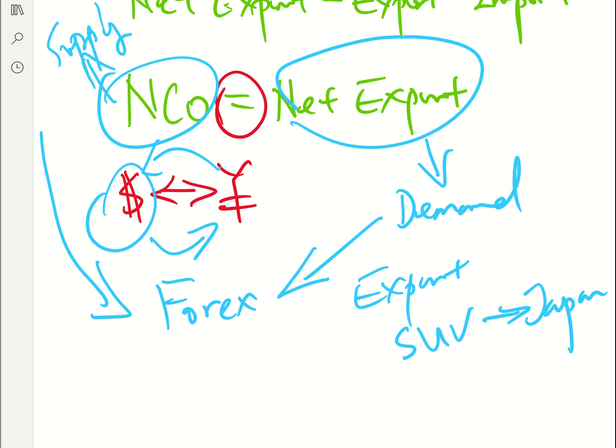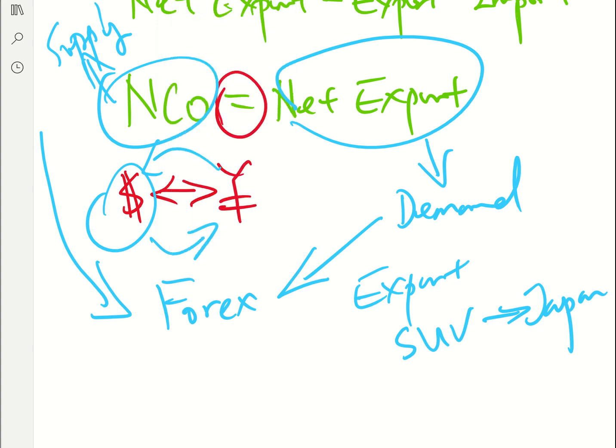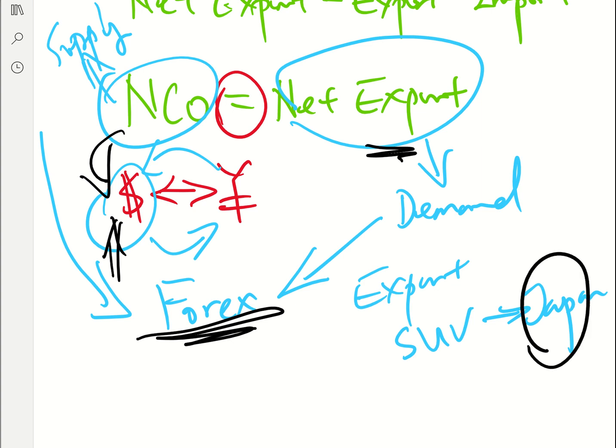So look at this dollar market over here. For the dollar market, we have the NCO supplying US dollars into this Forex market. And then we have the net export, which is people from Japan who want to buy an SUV from America.